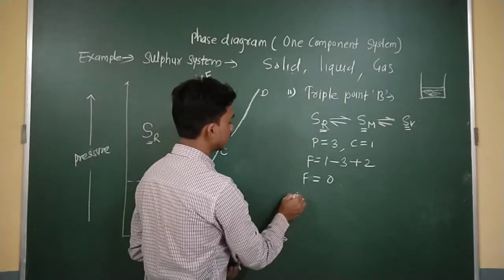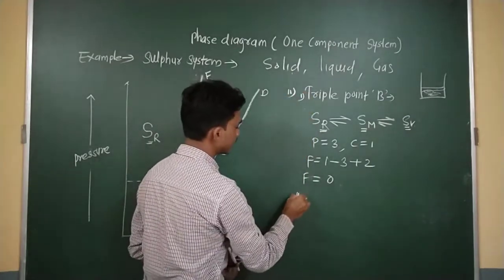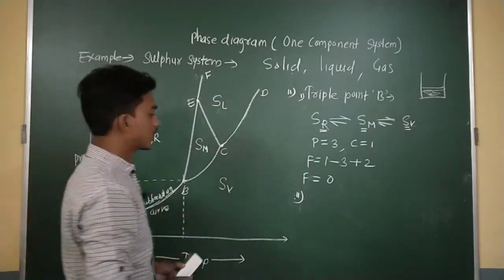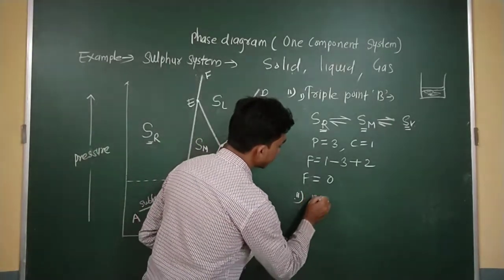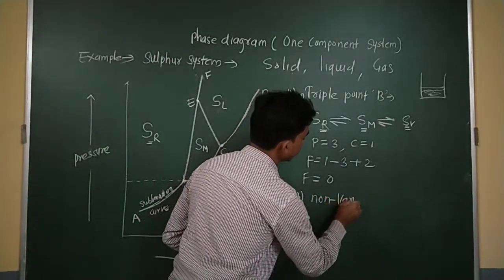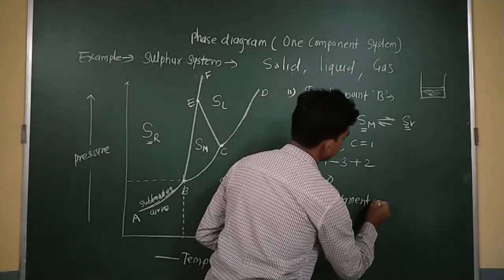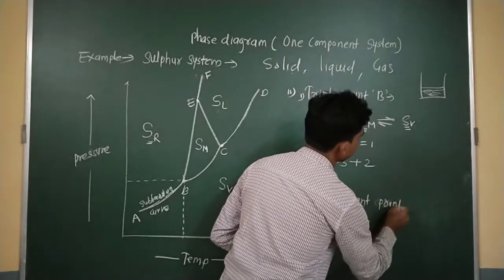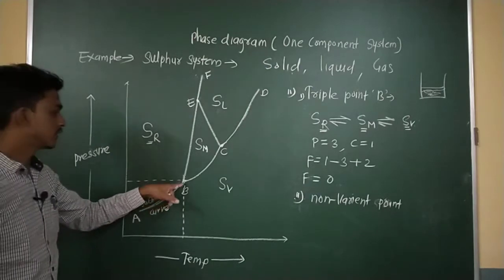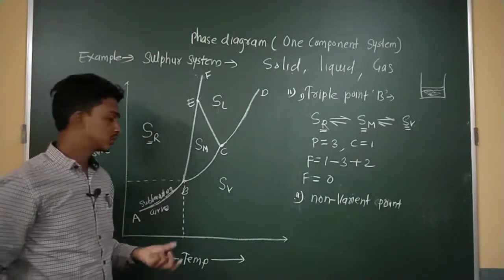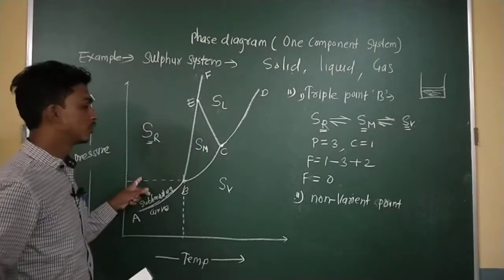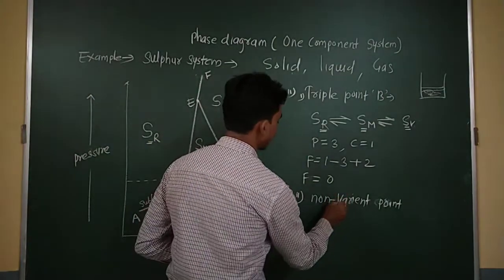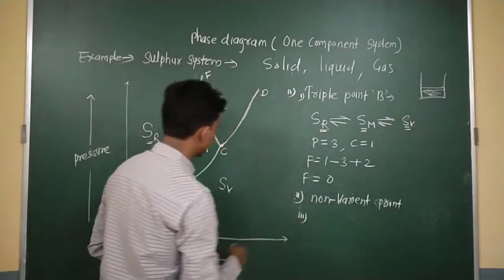This is point number one, this is point number two, at the triple point, that point is B. At that point, this is the non-variant system, non-variant equilibrium, or non-variant point. At that point we cannot change the temperature and pressure.